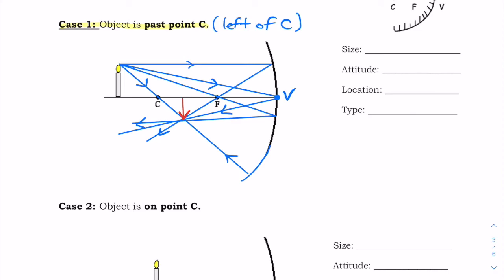So first of all, let's look at the size. Now, to me it looks smaller, but perhaps you could verify this. Just use a ruler, measure the original height of the object, whatever that is, and compare it please to the height of the image. You'll probably find that the image is smaller.